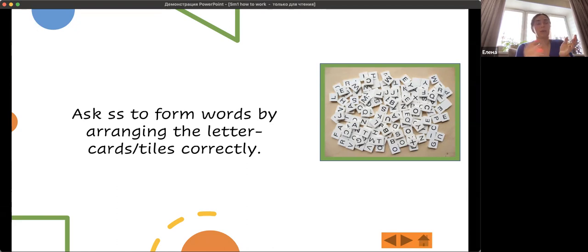So they look and they do this puzzle and they memorize the letters and this whole word. So that's great. It's funny and interesting. Students love it. And it's a great practice. And also then you can spell the words, like pen, P-E-N, after finishing.